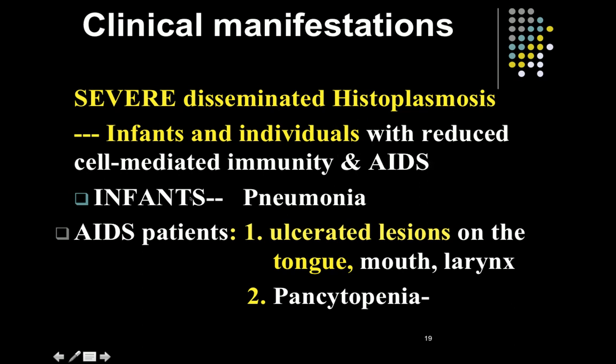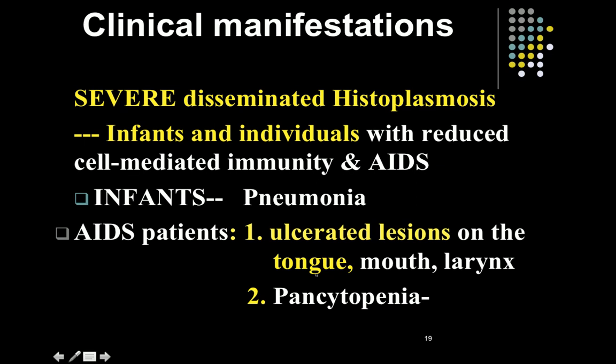In infants, again, when they go to the lungs, the spores are converted into yeast cells and they can result in pneumonias. Together with pneumonias, they can also produce typical lung lesions with central areas of necrosis surrounded by fibrosis, and that gets calcified later on. In patients with AIDS, as I said, this ulcerative lesion of the tongue is very important.